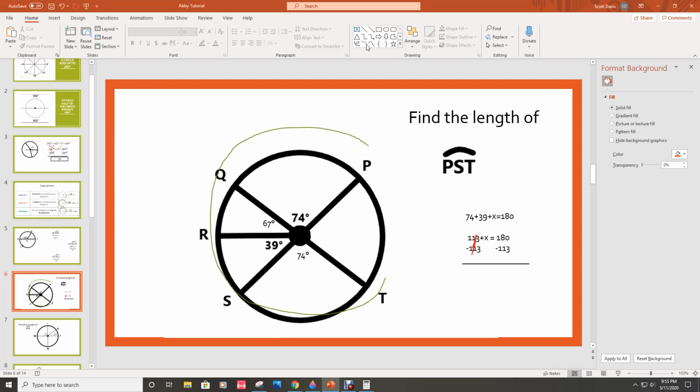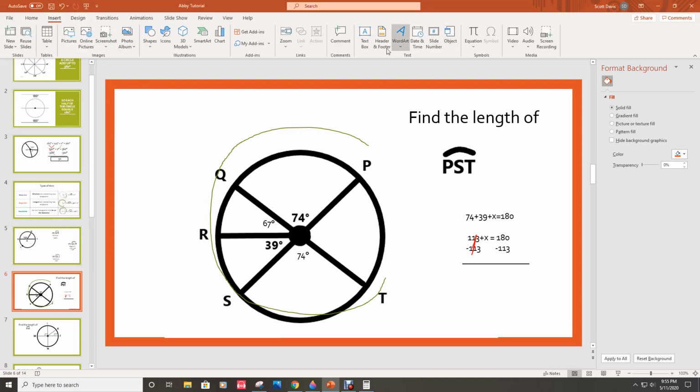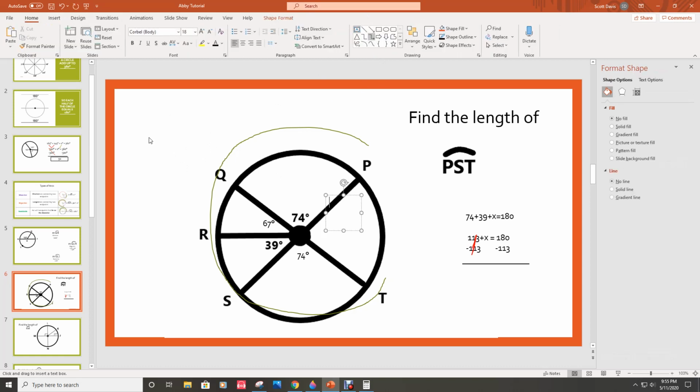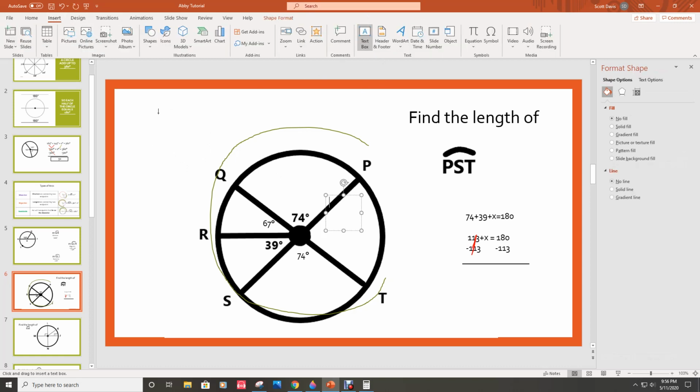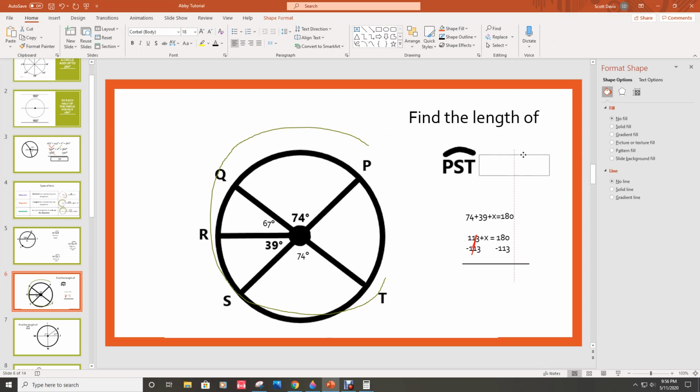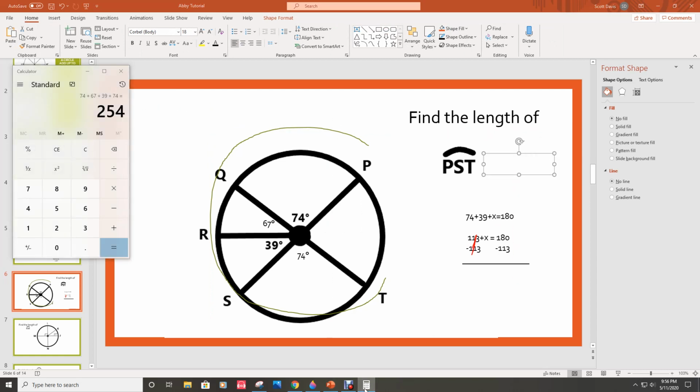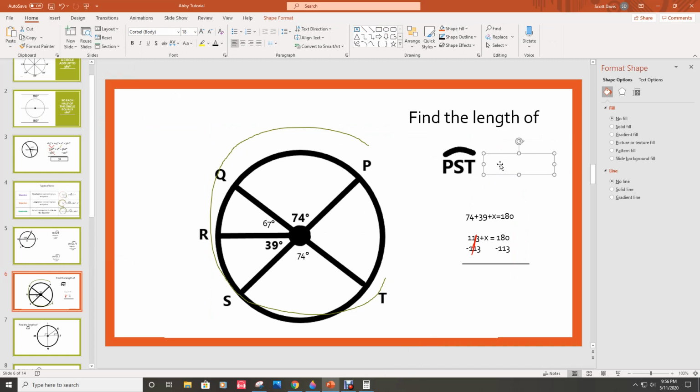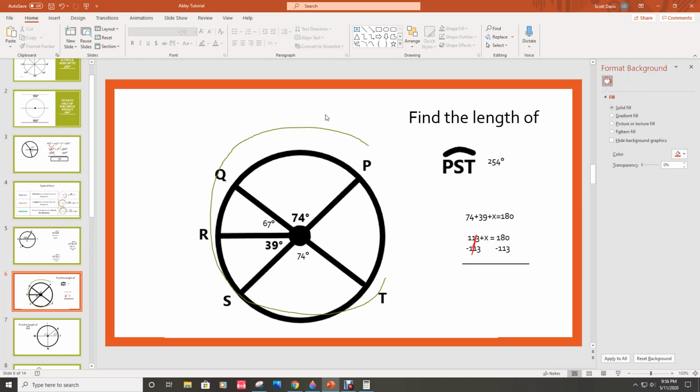Now let's make sure of that. I'm going to go ahead and say that's my answer, but let's make sure. So here we're going to put our text box and say that the length of PST is 254 degrees. And the way we can make sure of that is by how, Abby?